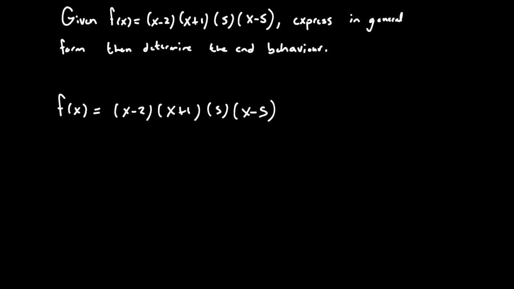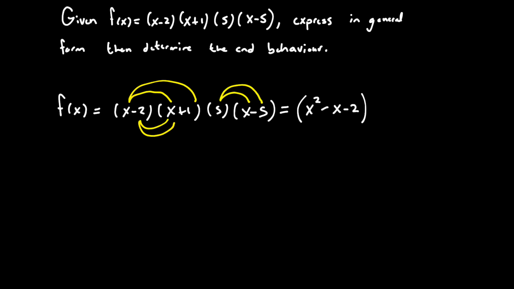We'll go ahead and FOIL the first two terms together as follows. And then we'll distribute the 5 to the fourth term here. Simplifying this, we should get that this is going to be equal to (x squared minus x minus 2) times (5x minus 25). Again, we'll go ahead and FOIL out the first term.